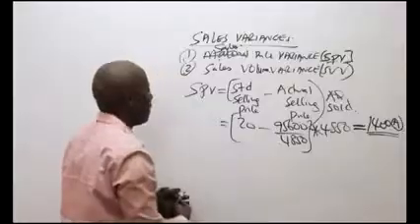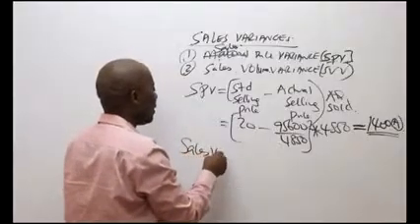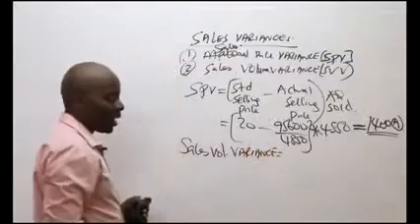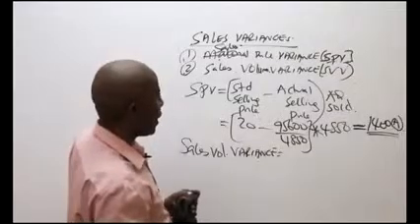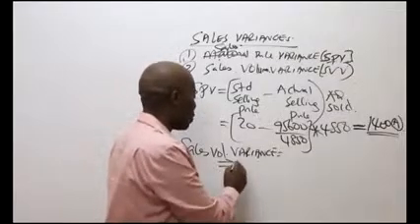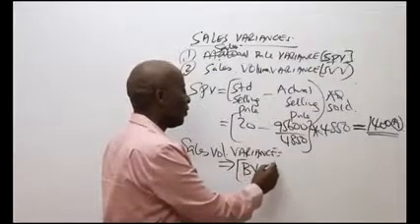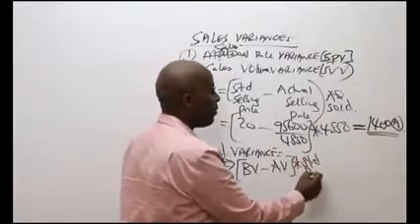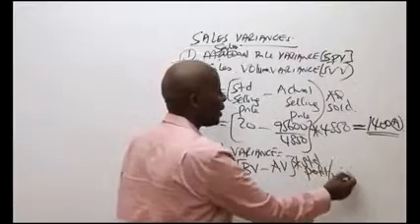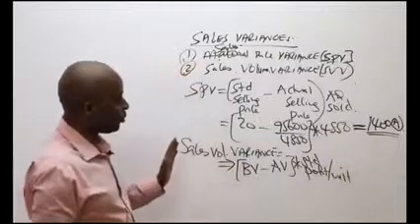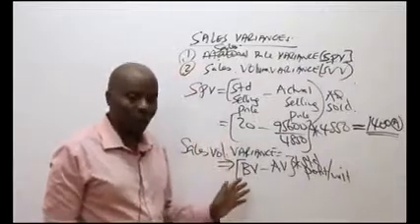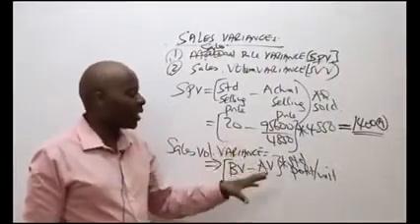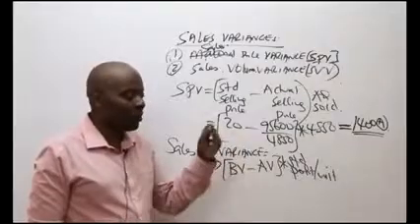So from there, come and give me the sales volume variance. How do I get the sales volume variance? To get the sales volume variance, ladies and gentlemen, we normally take budgeted volume minus actual volume. This is a funny one, because outside here we have the standard profit per unit.